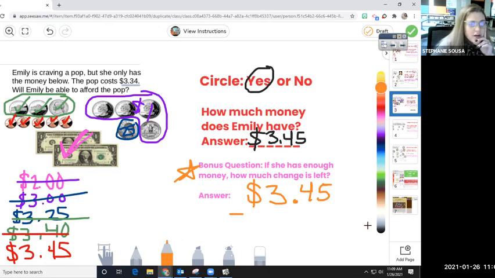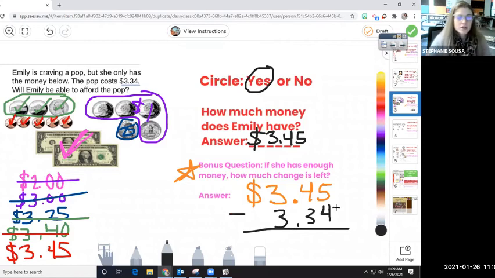The cashier took or subtracted $3.34, because that's how much the pop cost. So they subtracted that from the amount on the counter. Now this is just a standard subtraction.